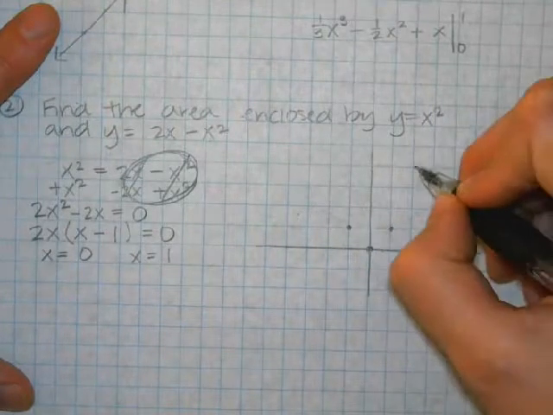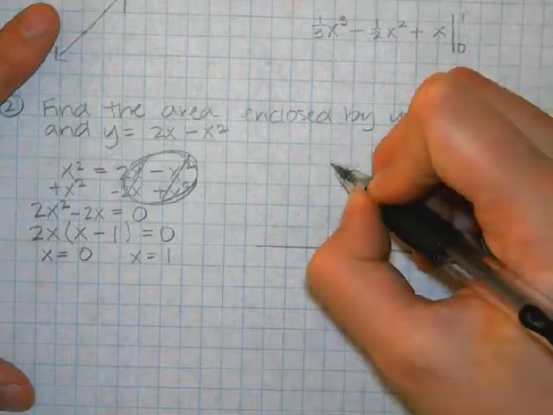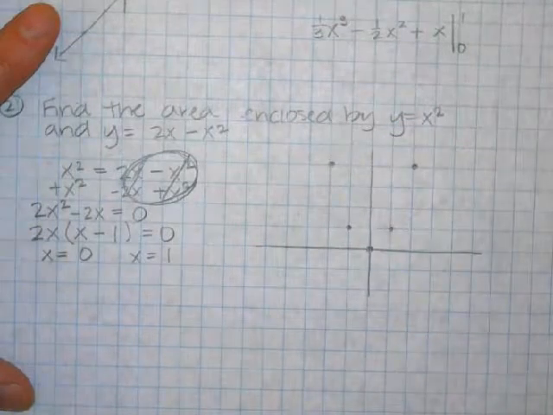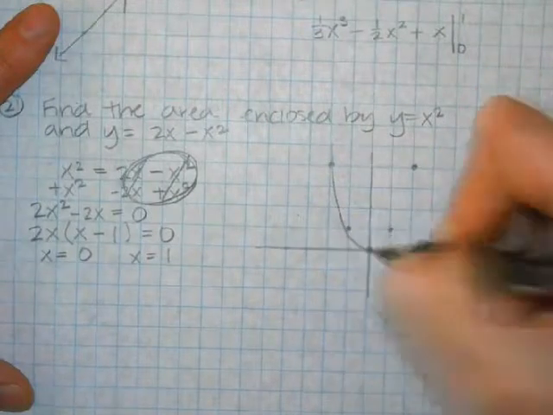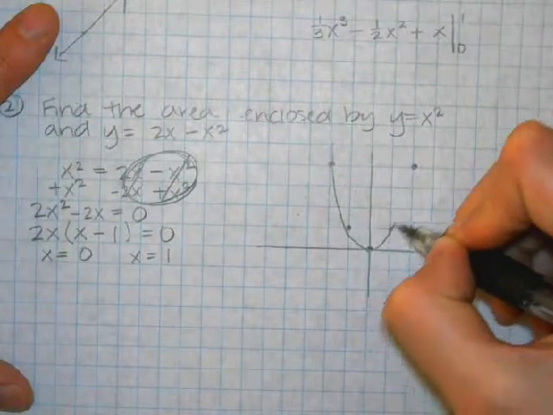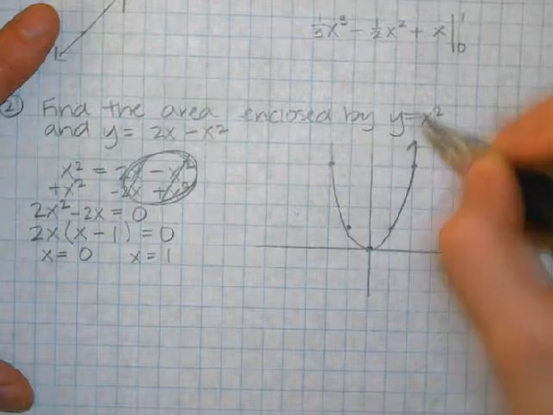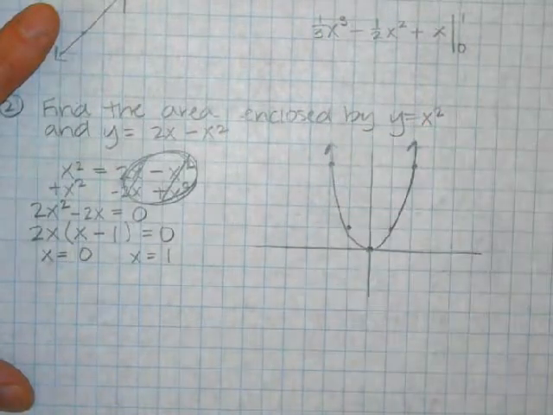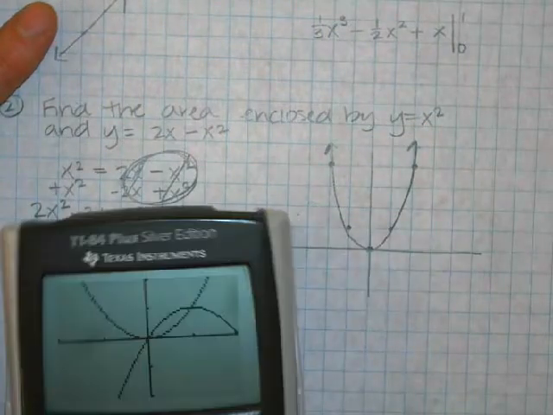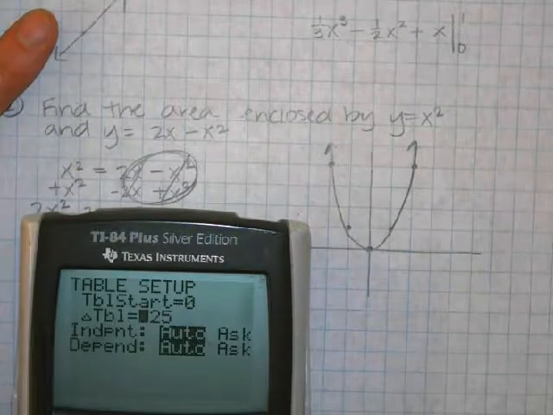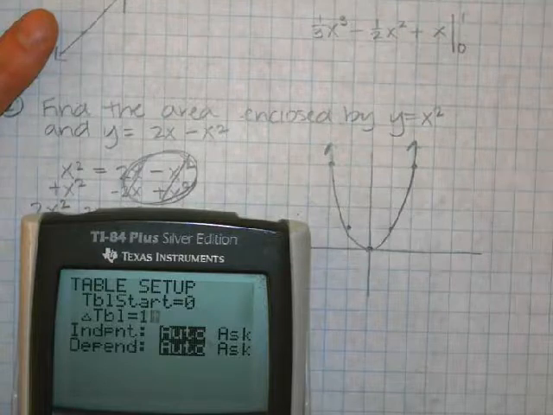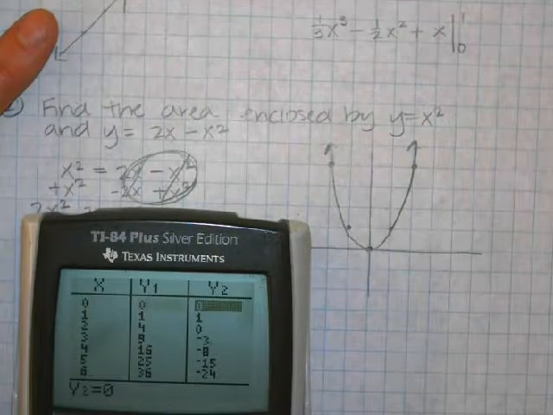And then over 1, up 3. And if you want to use your calculator to get the points for the other one, that would be okay.